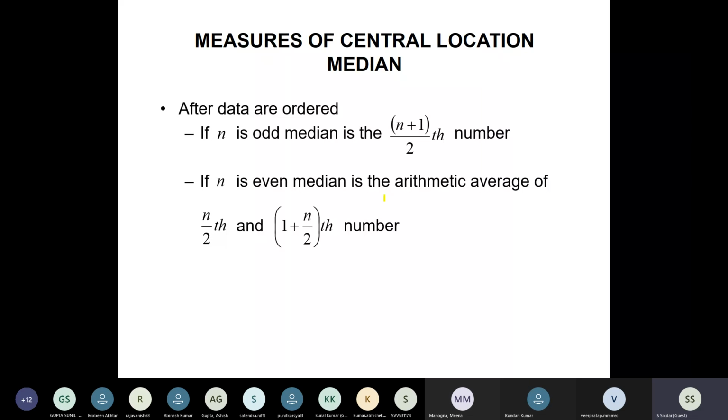After the data are ordered, if n is odd, then the median is the (n plus 1) by 2th number, where n is the total number of values. When n is even, the median is in between two values: one is the n by 2th and another is the (1 plus n by 2)th. You can try this with any example and find it.